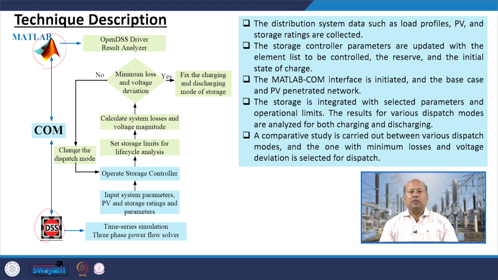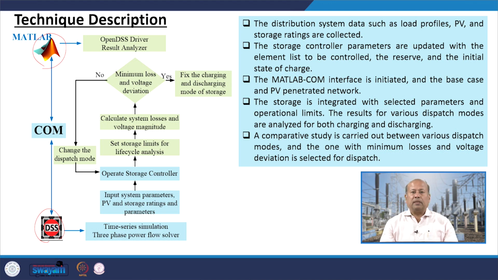The distribution system data such as load profile, PV, and storage ratings are collected. The storage controller parameters are updated with the element to be controlled, the reserve, and the initial state of charge. The MATLAB COM interface is initiated, and the base case and PV penetration networks are set up.